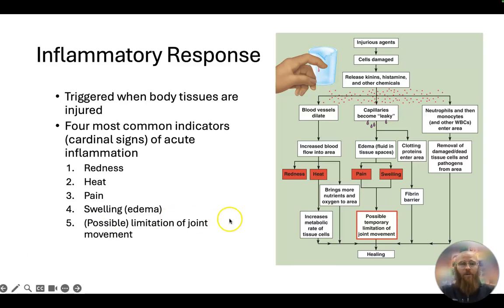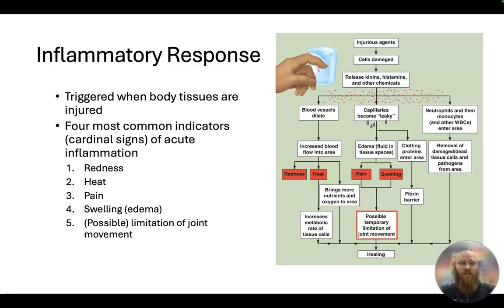And this is going to cause a release of what we call kinins, histamine, and other chemicals, and this has a variety of different effects that we will cover. The main thing that we want to understand is these 4 or really 5 cardinal signs of acute inflammation, to include: the area is going to become red, warm to the touch, so there's increased levels of heat in the area.